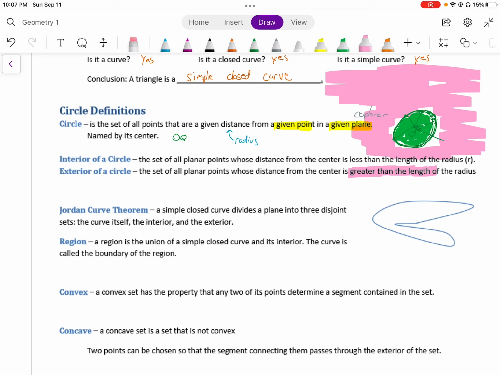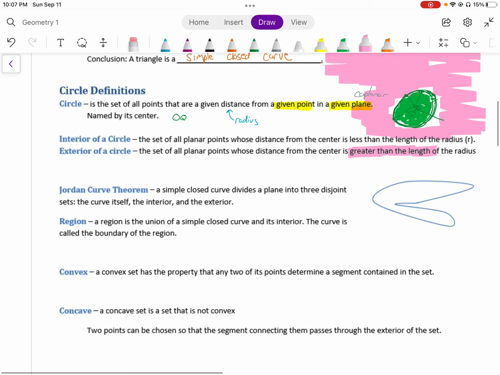And then the Jordan curve theorem, which we'll talk about interior and exterior, says a simple closed curve, which I have to the right here, this funny looking smushed Pac-Man, divides the plane into three disjoint or separate, like no points are in common, sets. The curve itself, so in our case, this light blue funny shape, just that curve, just those points, that's one of the sets.